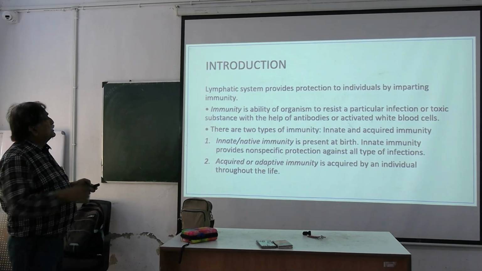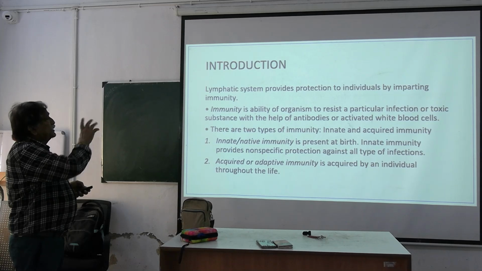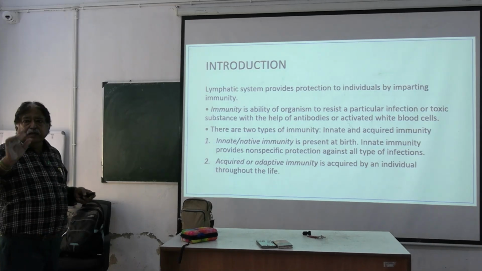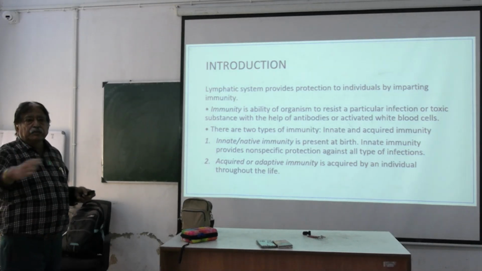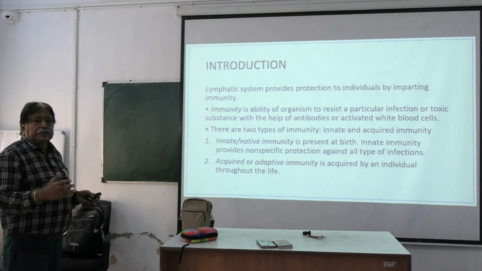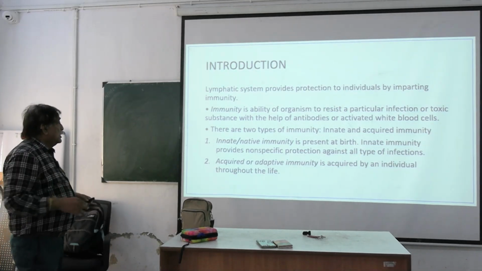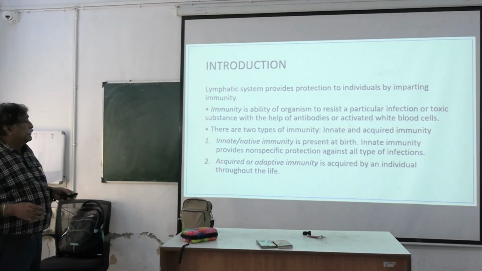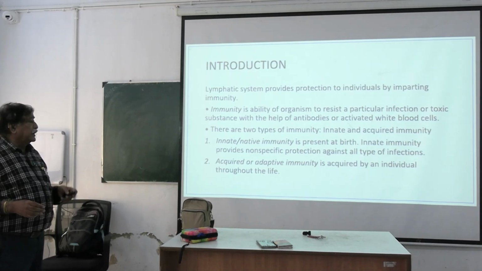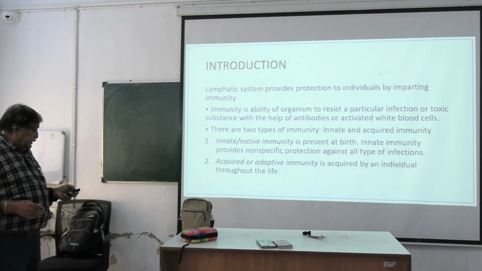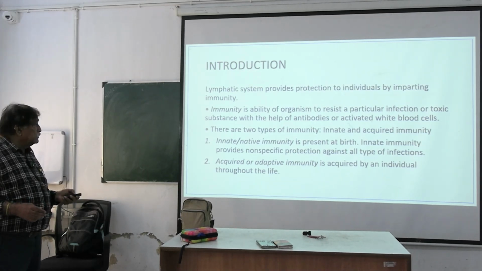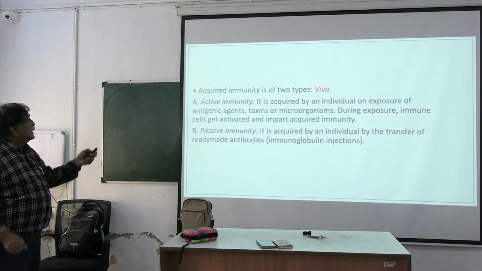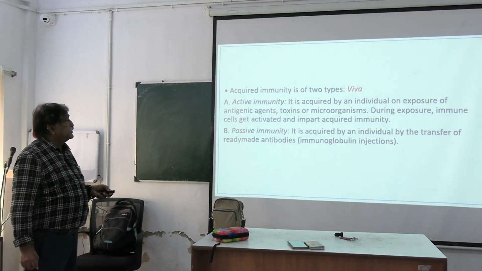The system provides protection to individuals by imparting immunity. You know this today, but when you go home, read what is innate immunity, what is native immunity, acquired or adaptive immunity. Now see, acquired immunity is of two types.